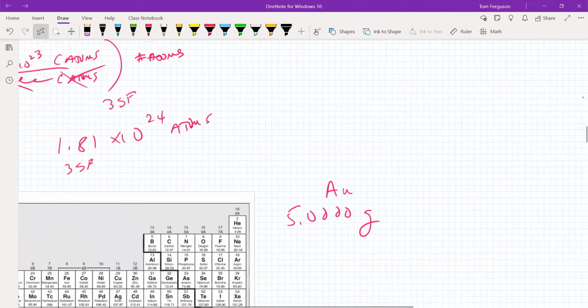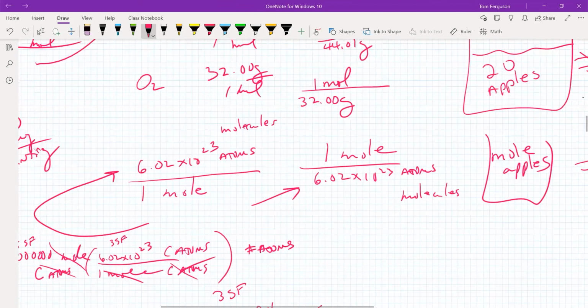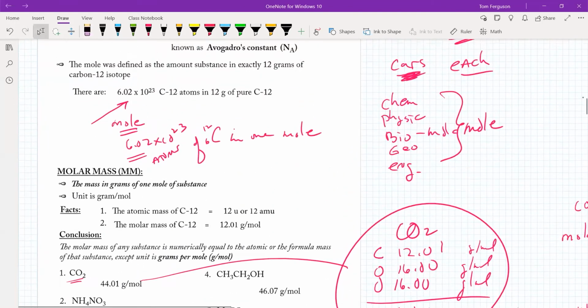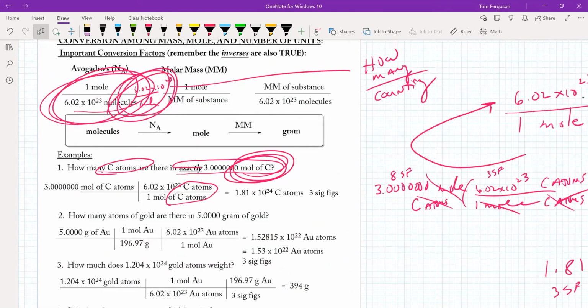Well, do we have a conversion factor between grams and the number of atoms? No, we don't. We have moles and the number of atoms. And we also have conversion from grams to moles. We have 2 conversion factors now.